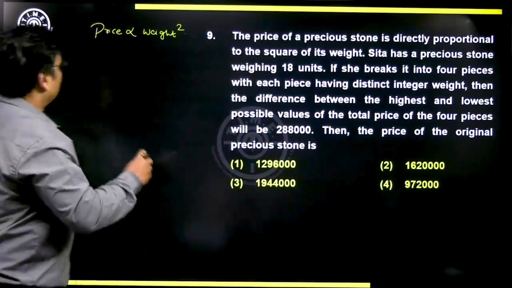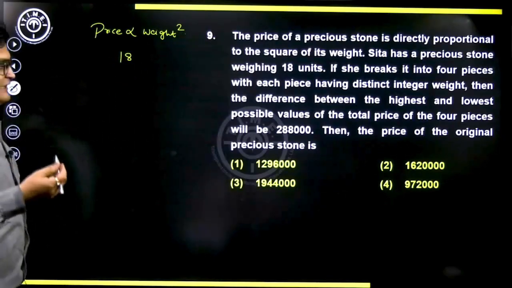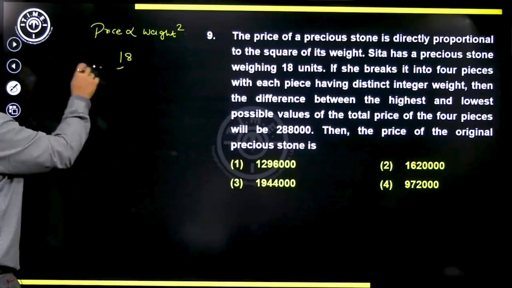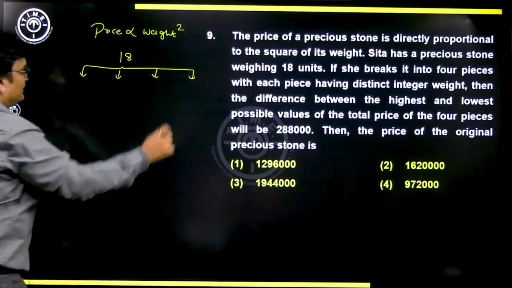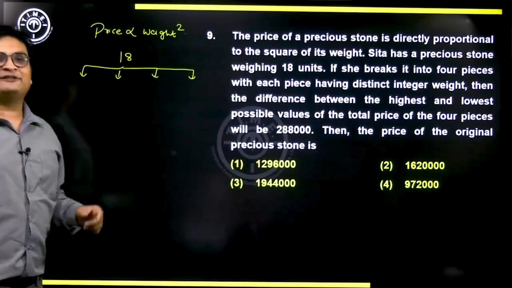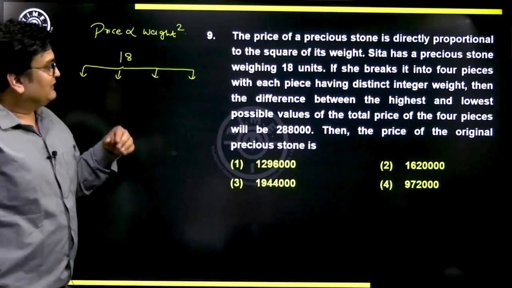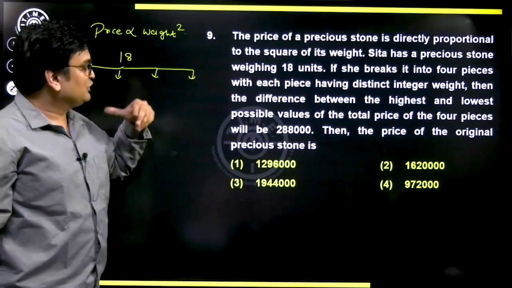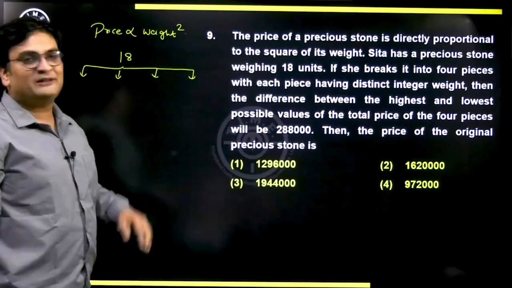She broke that original piece, which was weighing 18 units, into 4 pieces. These 4 pieces have distinct integer weights.